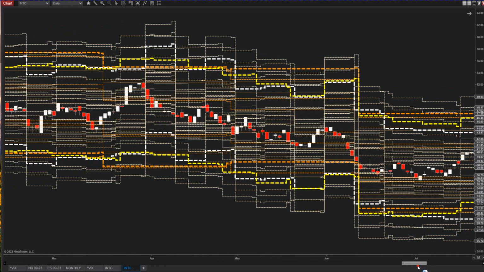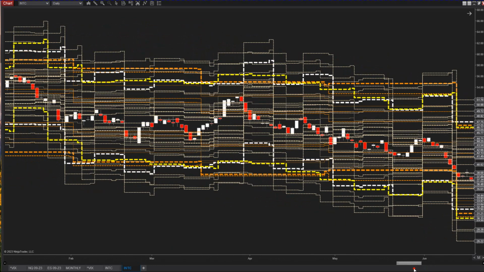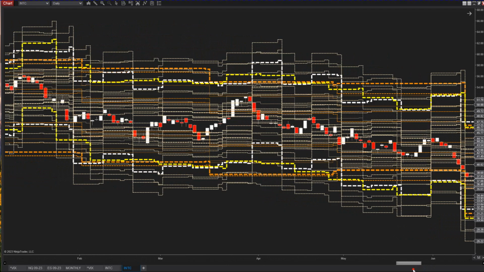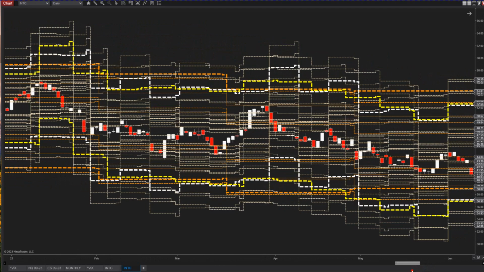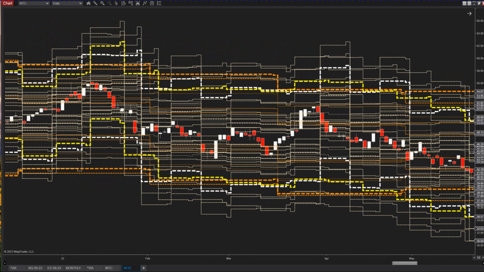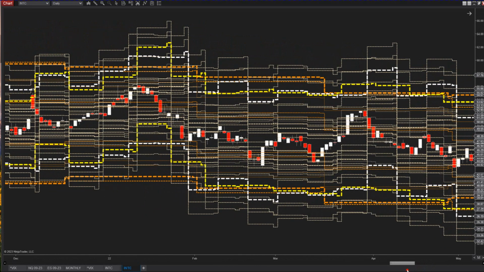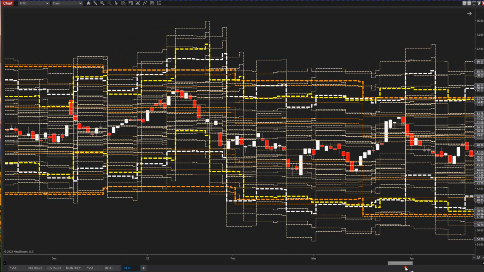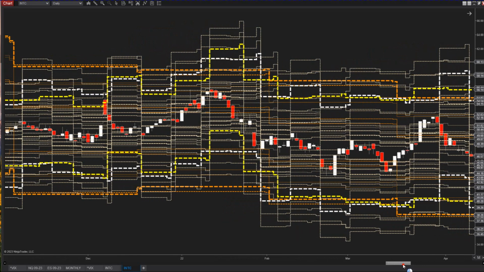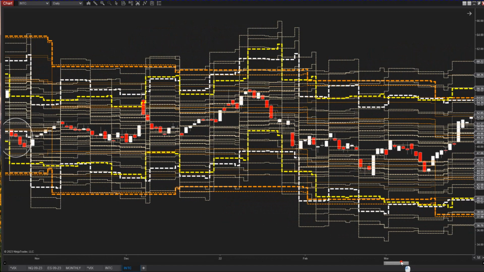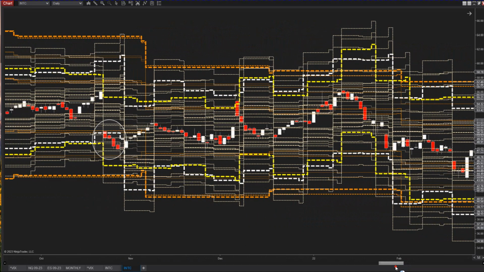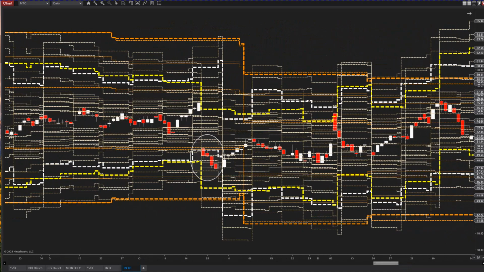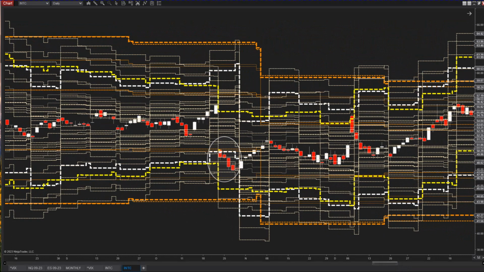So it's something to consider for a reliable alpha generating strategy for a portfolio, to be delta neutral and to use these weekly options. And I have a friend who trades these strangles a lot. So I'm going to share this with him. And here's an instance of where it broke the 7-day, but the 8-day held.